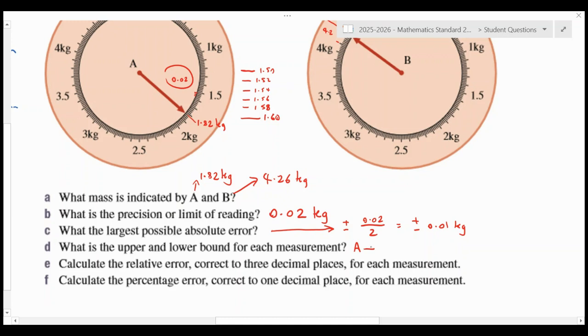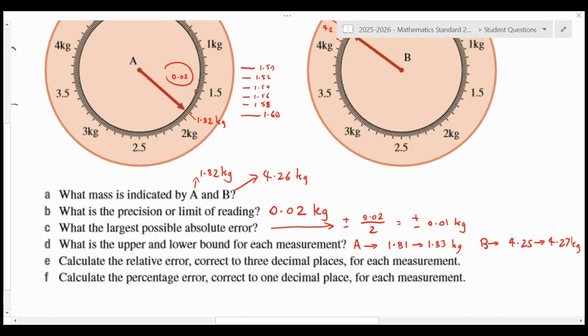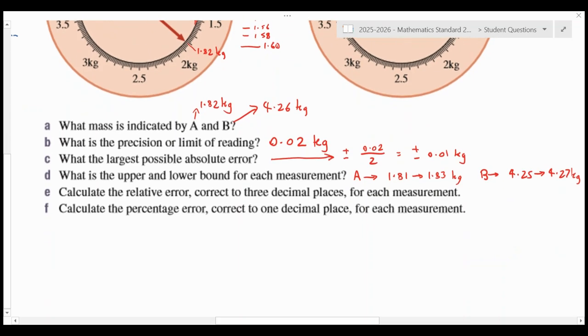So A, we're going to have between 1.81 and 1.83 kilograms, because I'm just adding it to and taking it away. And B will be between 4.25 and 4.27 kilograms. So that is our upper and lower bounds. Now, these are exactly the same as question 1. They're just a little bit more complicated because they're smaller numbers, got a few decimal places and all that sort of thing.